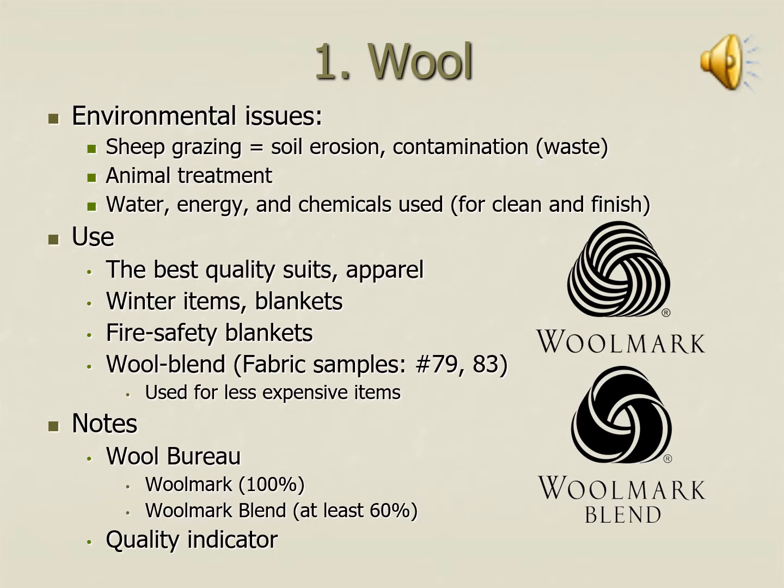Additionally, there's a bunch of water and energy and chemicals that are used for the process. So despite the fact that it seems like an environmentally friendly process at the outset, there are some issues, and for this reason there are producers that focus on organic wools. So a lot of times you'll see organic merino wool on the tags in order to try and combat these issues.